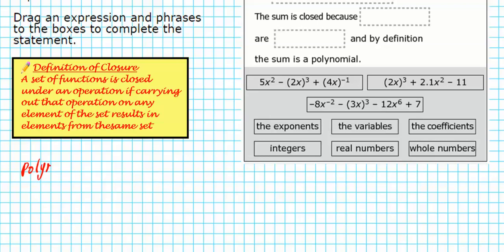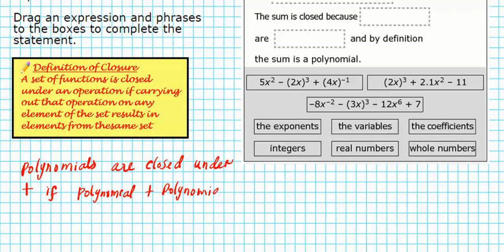Polynomials are closed under addition if polynomial plus polynomial equals what? Polynomial.